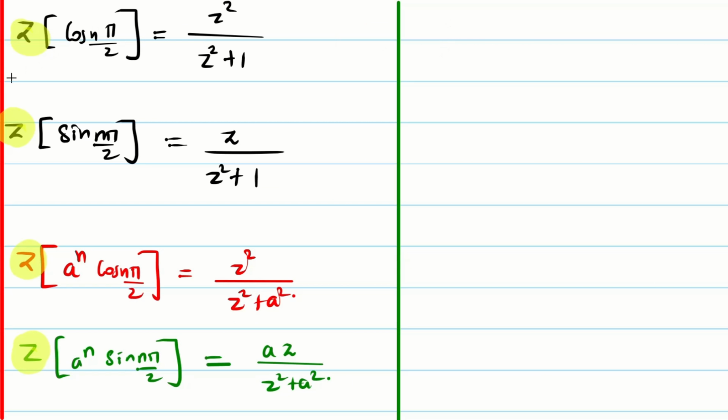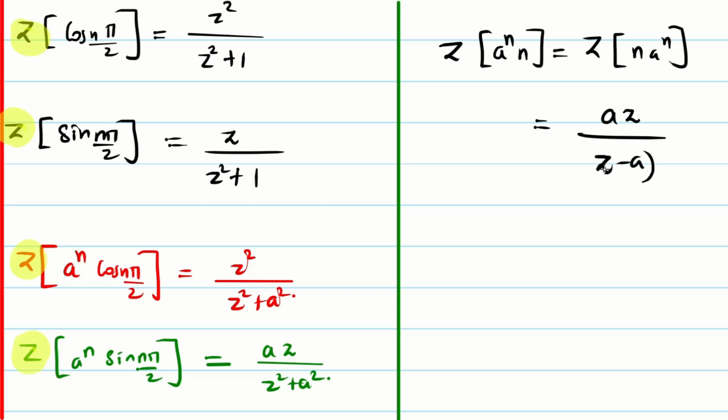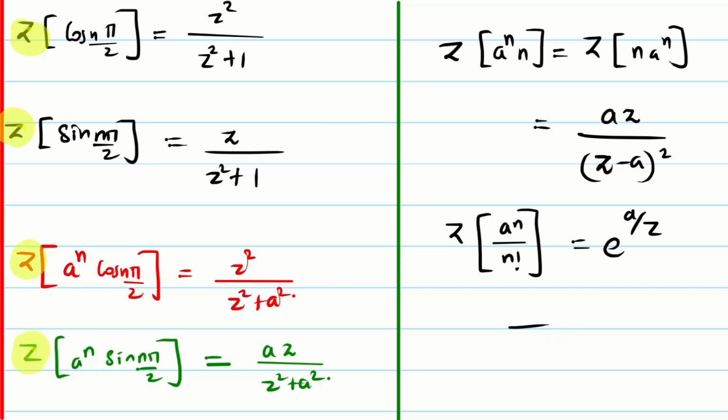And then finally we get Z of a power n into n, or Z of n into a power n, that is going to be az divided by z minus a whole square. And similarly, Z of a power n by n factorial is equal to e power a by z. So just remember these formulas, which are going to play a vital role in finding the inverse z transform.